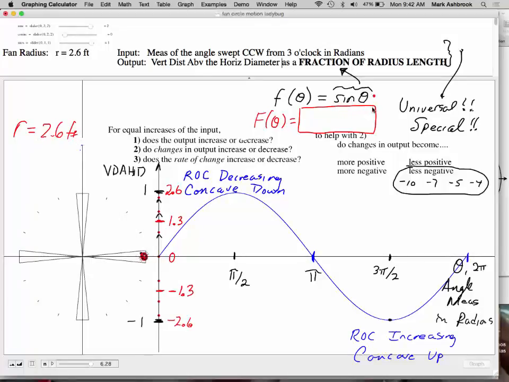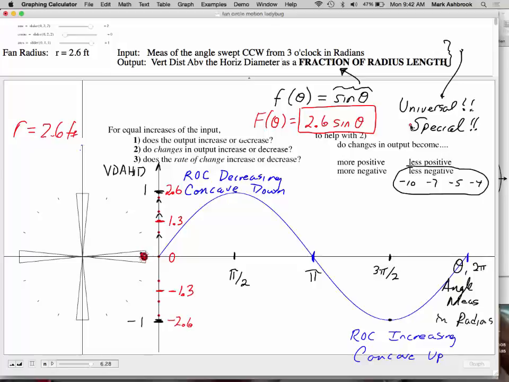So think of these as numbers like 1/3 of a radius length, 4/5 of a radius length, half of a radius length. And I want to apply that fraction to 2.6. So what calculation would I do? I would just multiply, right? I'm going to take that fraction of 2.6. And that's going to give me now the height in feet.